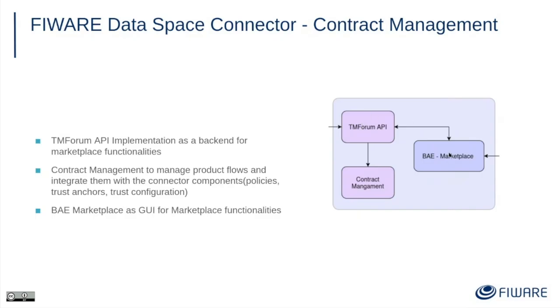So if you want to have a graphical user interface, we have the BAE marketplace that uses the TMForum API as the backend for having the product offerings and specifications and so on to be shown. And that also stores all parts of the negotiation process.